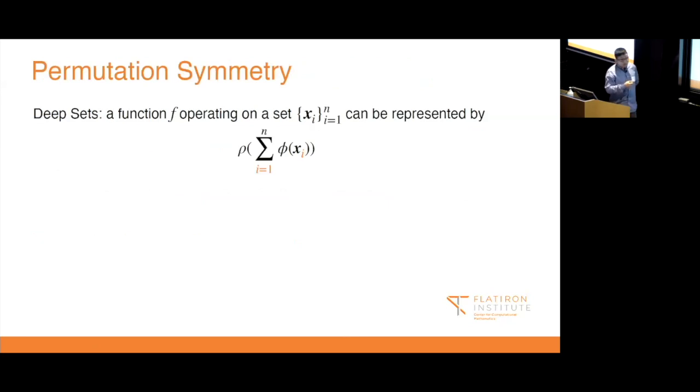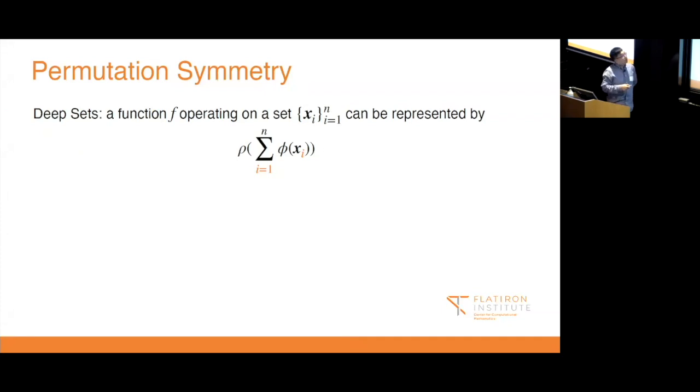We will first look at the general way to fix the permutation invariance. That's one paper called Deep Sets. Sorry, I did not put the reference here. You can Google it easily.